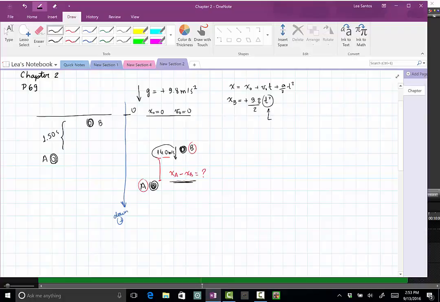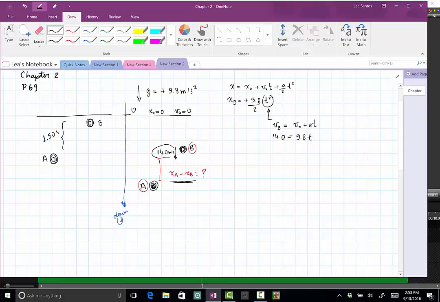Well, I do not have the time, but I have information about the velocity. I know that the velocity of B at that point is 14. And I also have this equation for velocity, which is v equals initial velocity plus a t. The initial velocity is 0, and the acceleration is 9.8.